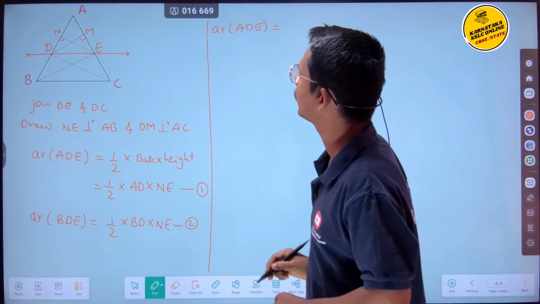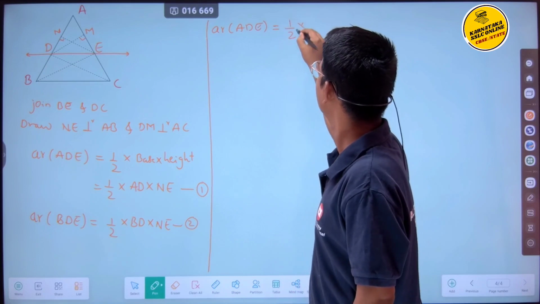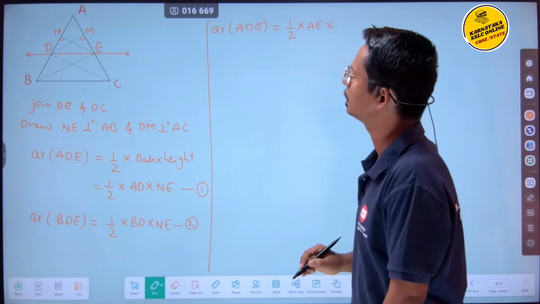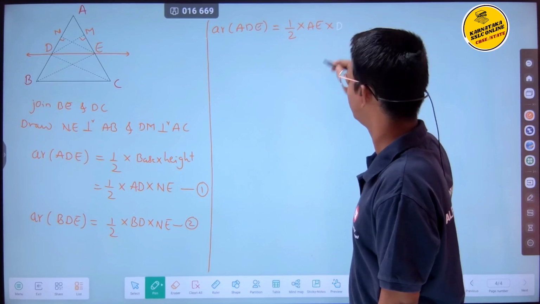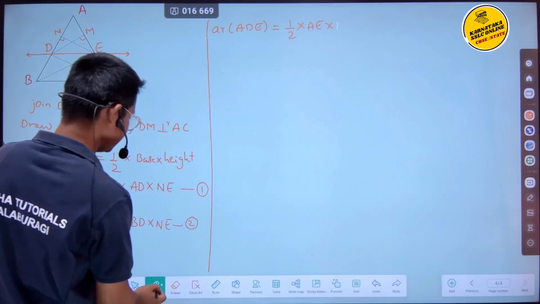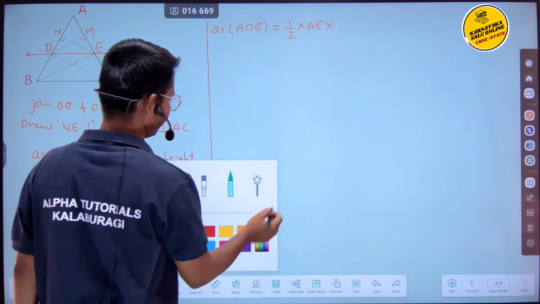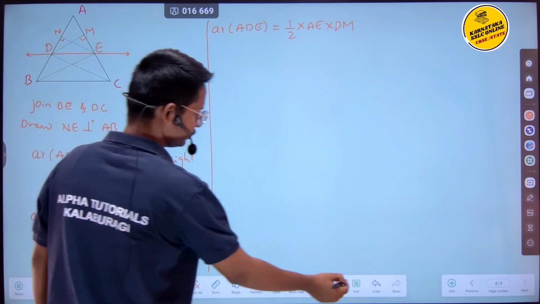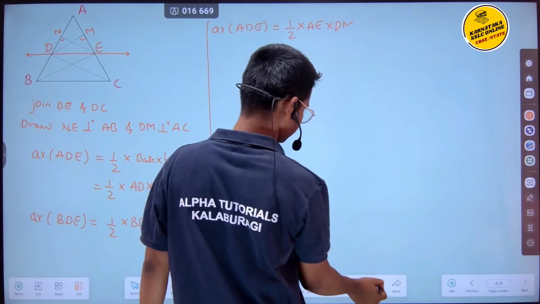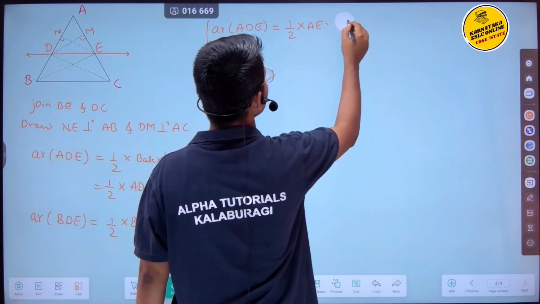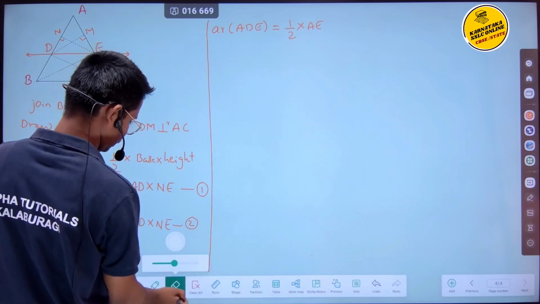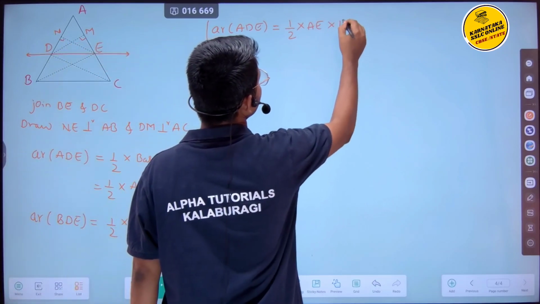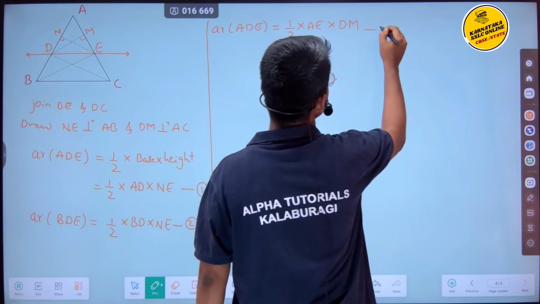So area of this triangle ADE is again half into base, which is going to be AE, because on this side we have the 90 degree, and the height of that is nothing but DM. Half into AE into DM. Call this equation 3.